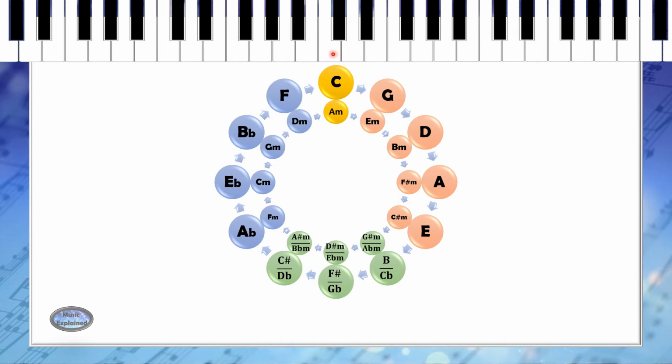So if we go a minor third down from C, that's A minor. Let's try it from G. G major goes to E minor.